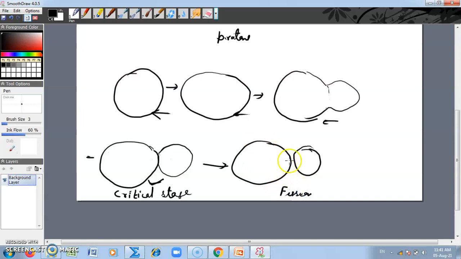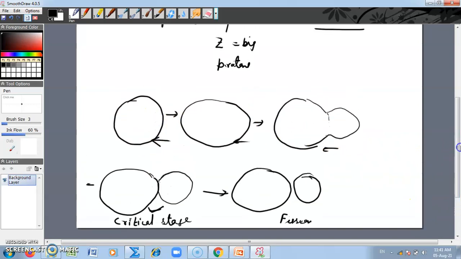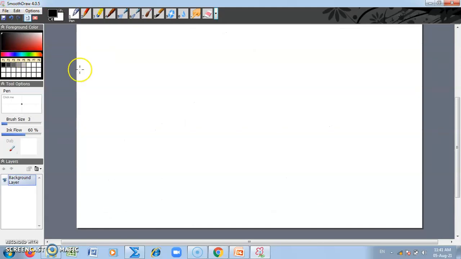This is like a liquid drop, and we will remember what happens in a liquid drop. Imagine that you have sprinkled some water on a table.